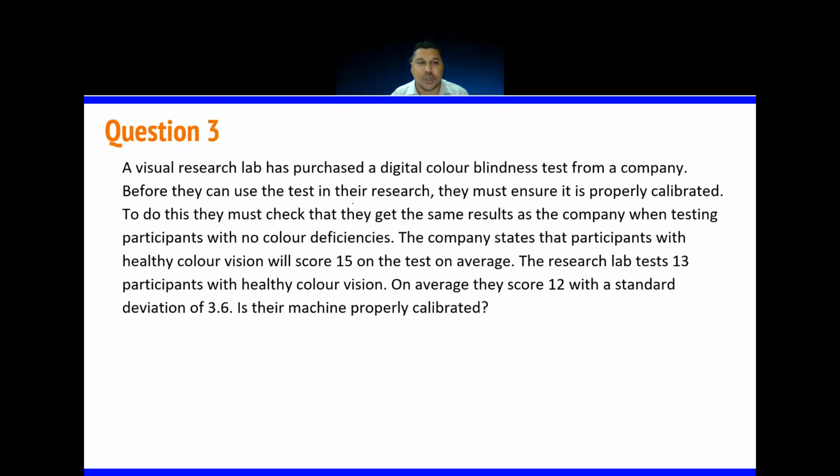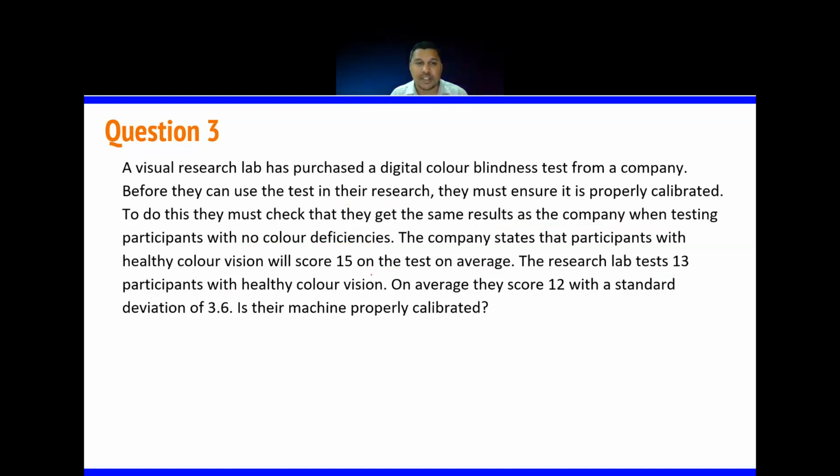Before they can use the test in their research, they must ensure that it is properly calibrated. To do this, they must check that they get the same results as the company when testing participants with no color deficiencies. The company states that participants with healthy color vision will score 15 on average. The research lab tested 13 participants and they found that for 12 it is 3.6.